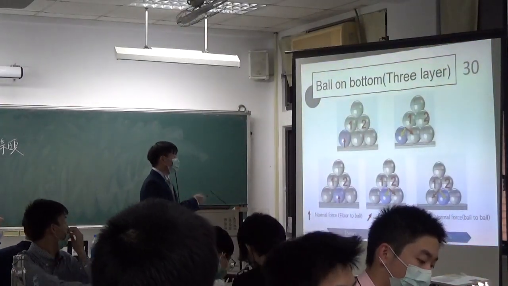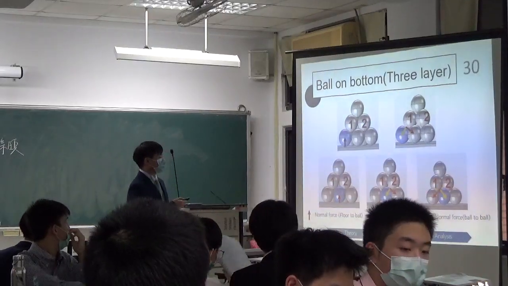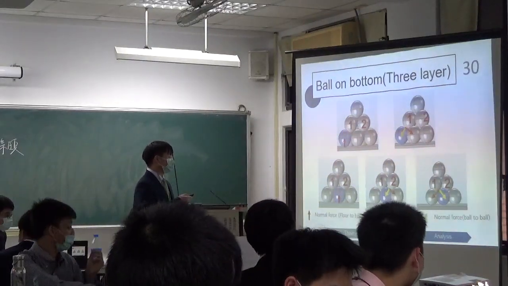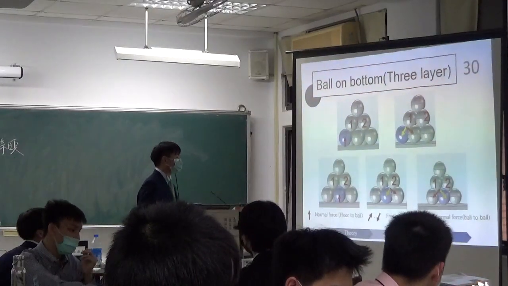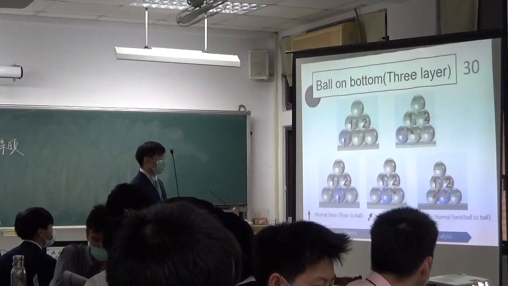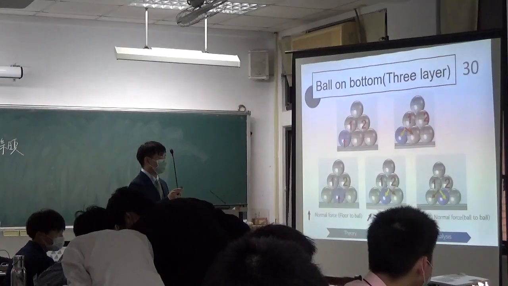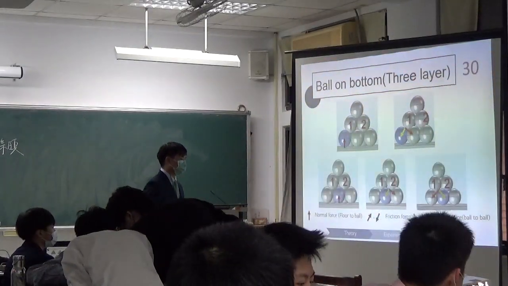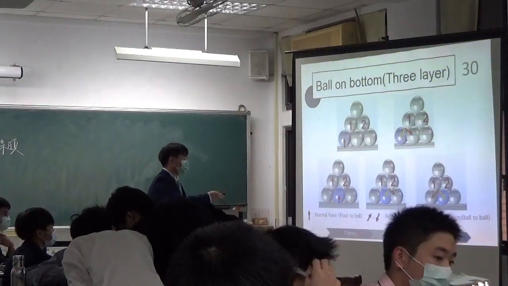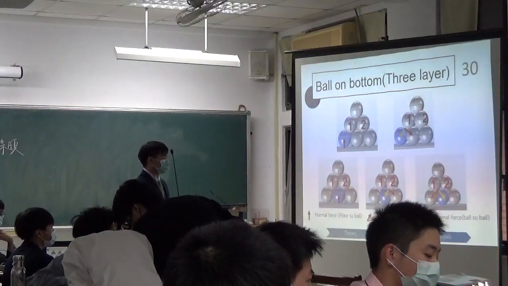The red direction is the normal force of the lower ball, the yellow direction is the normal force of both balls, and the orange direction is the friction force.